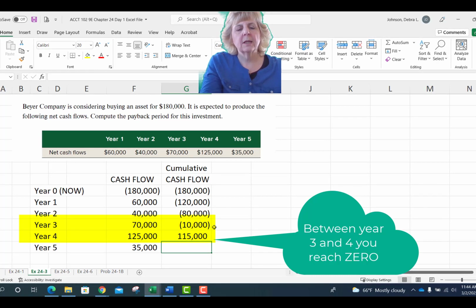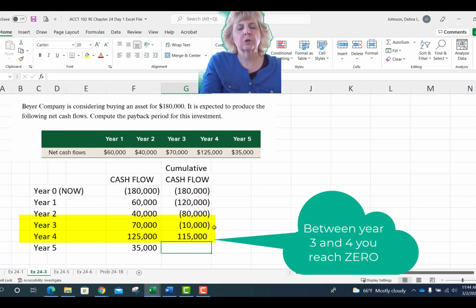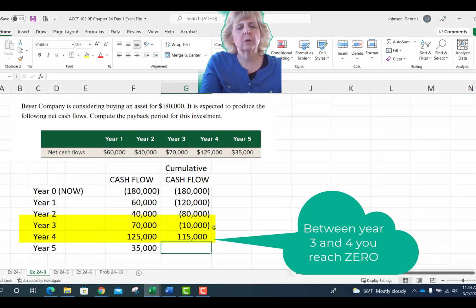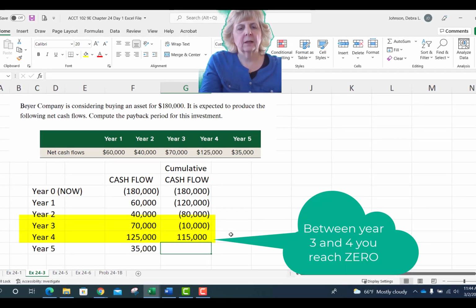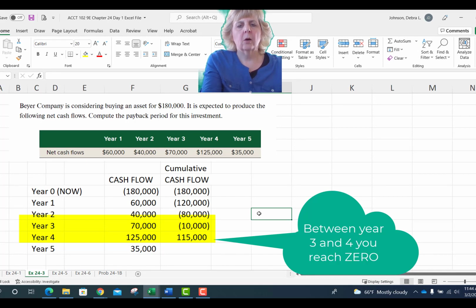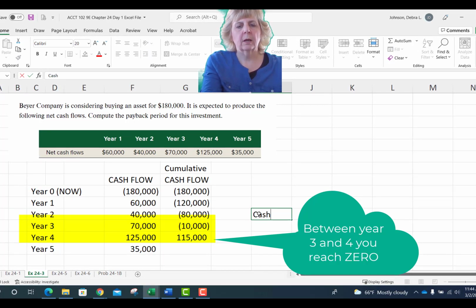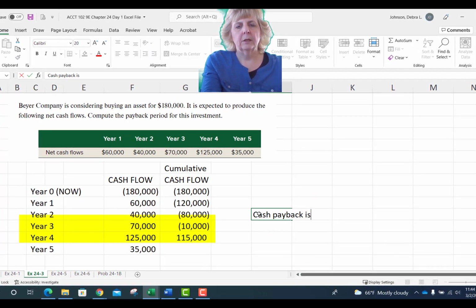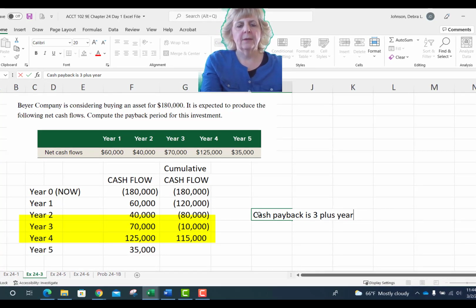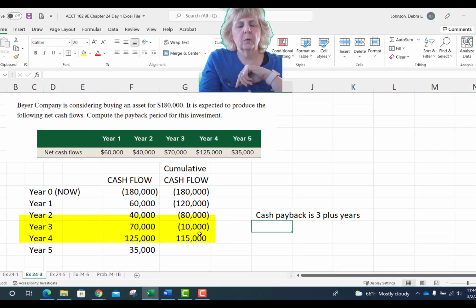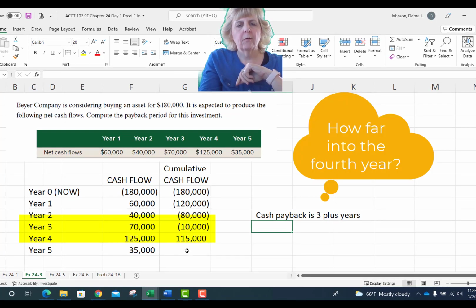Now, if you were to write in an answer like that the cash payback period is somewhere between year 3 and year 4, that would not be specific enough. So right now, I know my cash payback is 3+ years, and that somewhere in the 4th year, we get our cash back. How far along?